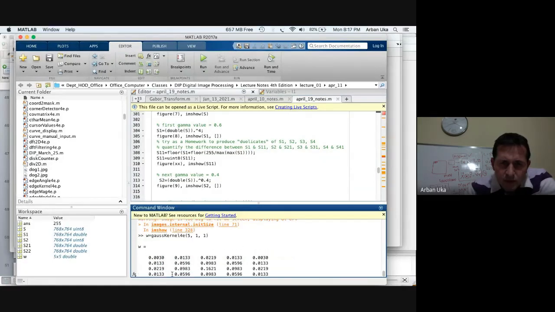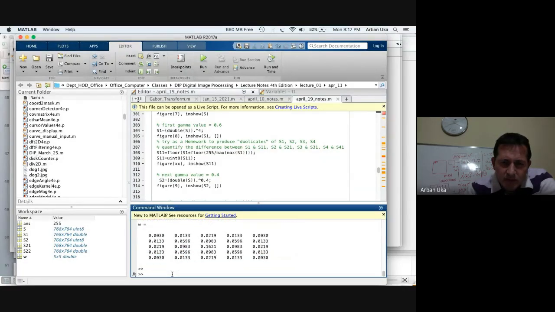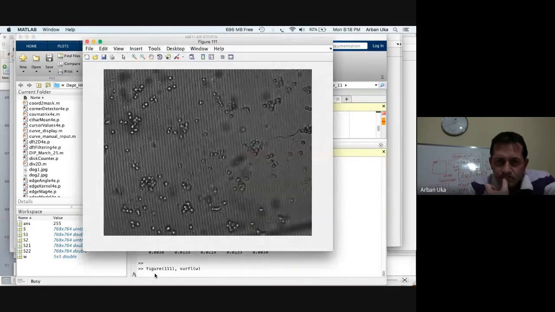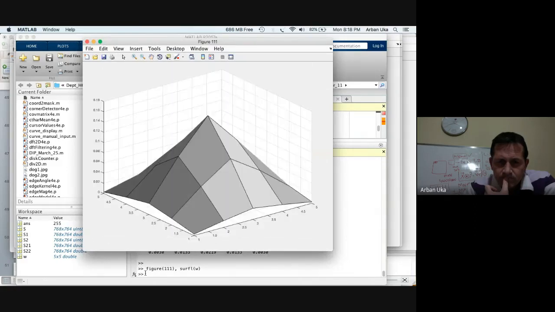Okay, so here we have a 5 by 5 kernel, which is shown here, and let's see how this looks like. Okay, so this is how it looks like, 5 by 5.